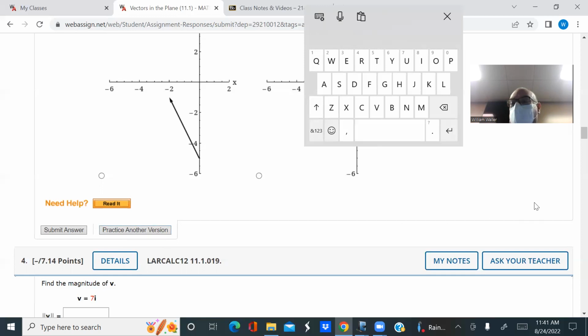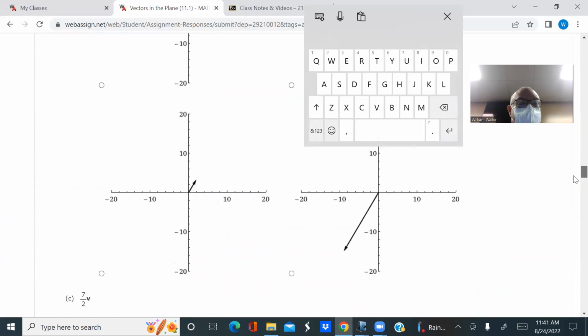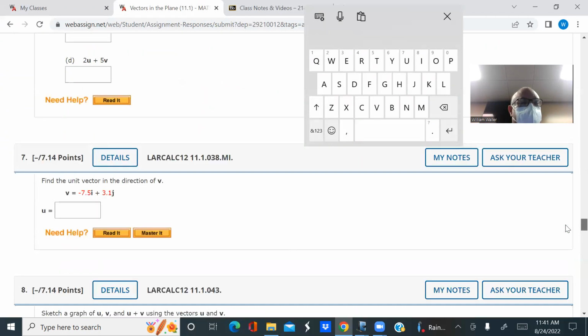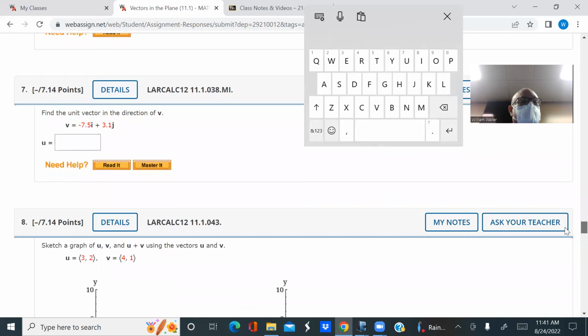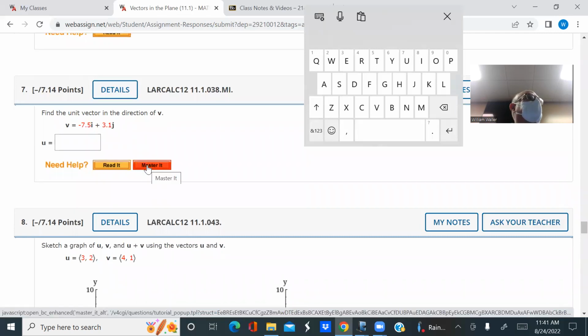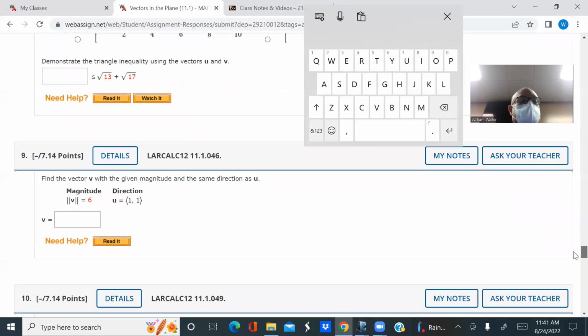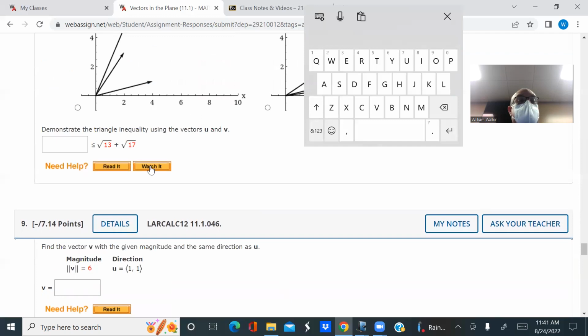And sometimes it has, like, not a similar problem, but an example, or maybe Master It, where it gives you instructions or shows you how to do a similar version of the problem. Oh, here it is. Here's a video, right? Watch it. So it'll show you a video of how to do a similar version of that problem. And all of those help features are great. So you should use them, of course, right? Because you paid for them. But remember, the tests, of course, don't have help features, right?